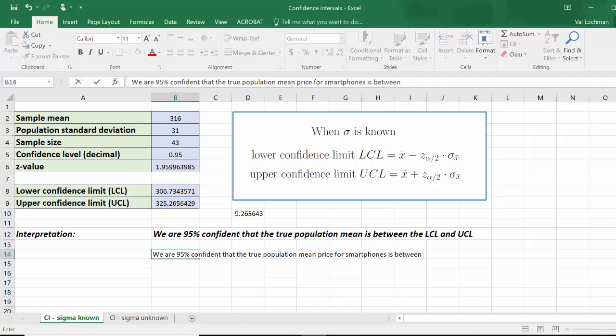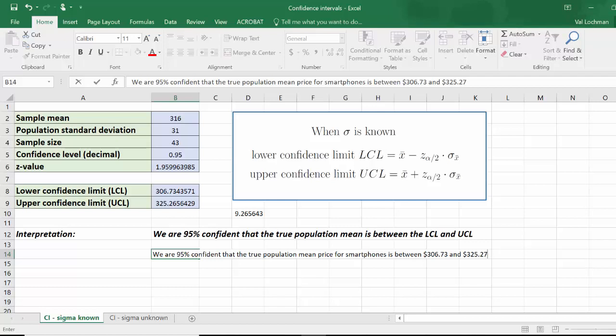Okay, so if we were to do dollars, 306.73 and 325.27.